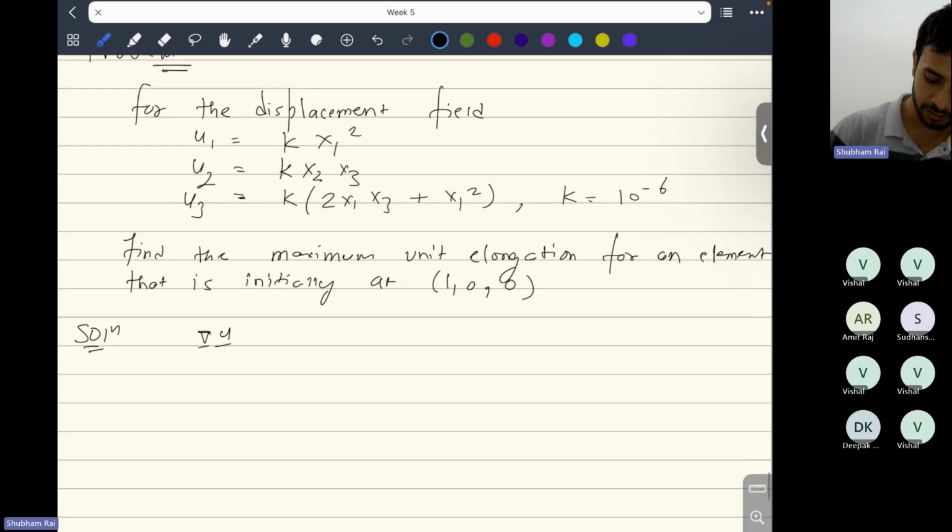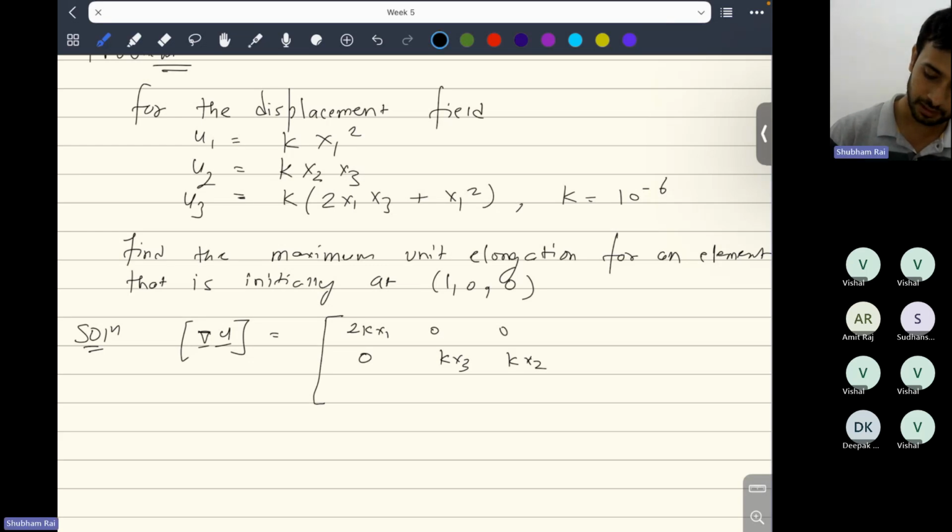That is dependent on the displacement gradient tensor. The displacement gradient will be given by gradient of u. So that will be del u1 by del x1, which is 2kx1. Del u1 by del x2 is 0, and del u1 by del x3 will also be 0. Similarly, del u2 by del x1 is 0. Del u2 by del x2 is kx3, and del u2 by del x3 is kx2.